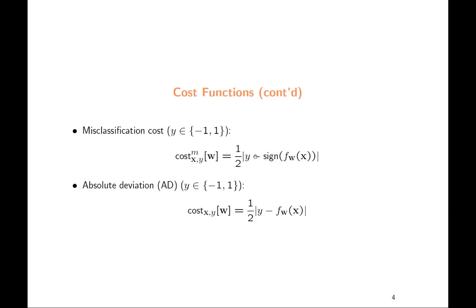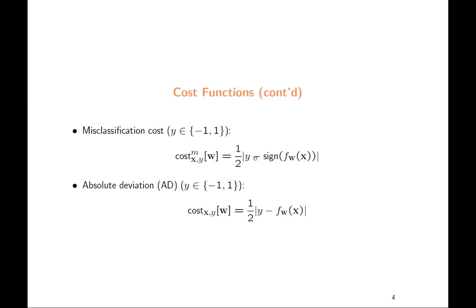And this term is either 0 if it has the same sign, or its magnitude is 2. So here we're essentially counting how often we are wrong, or in this case, are we wrong on this one data point x and y? If the prediction has the same sign as y, then there is no cost. Otherwise, a cost of 1.